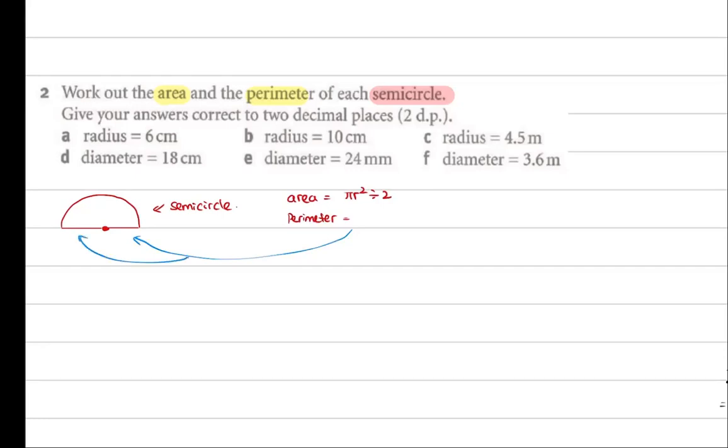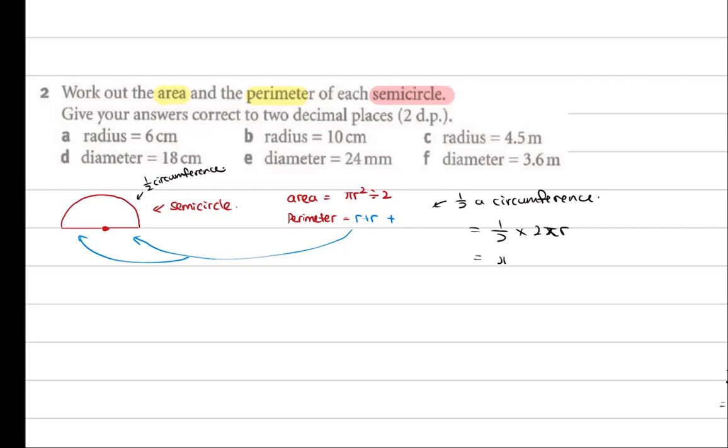And then the half a circumference. So radius plus half a circumference. So half a circumference is actually 1/2 times 2 pi r.